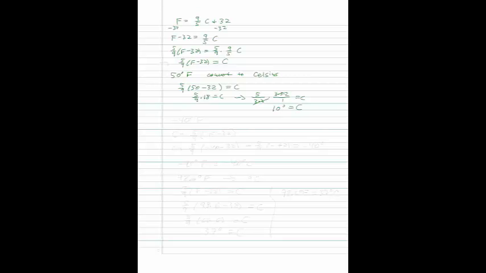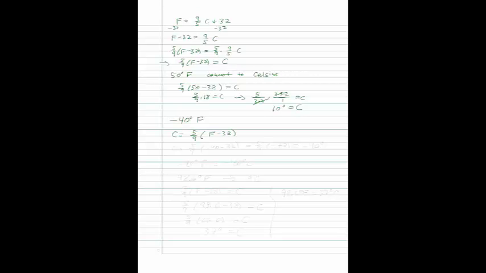And let's do one more. Let's say we have 40 below Fahrenheit, and we want to determine what that is in degrees Celsius. So our formula, as we established up here, is Celsius equals 5/9 of F minus 32.